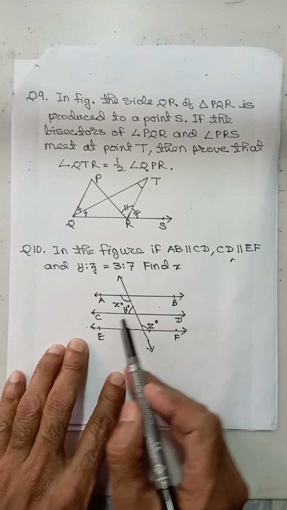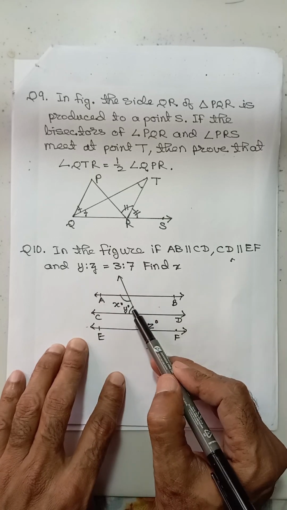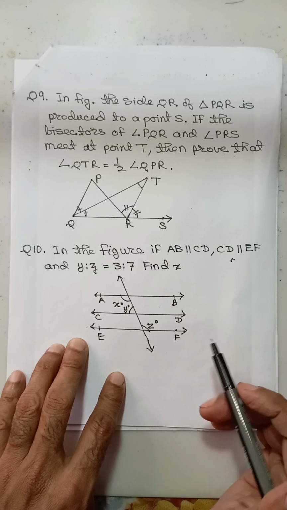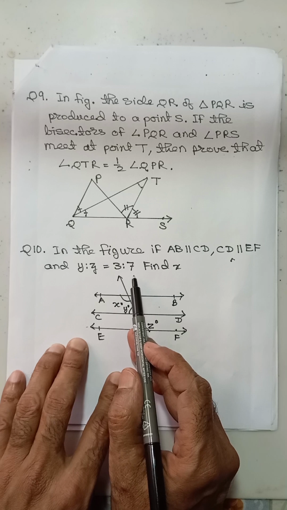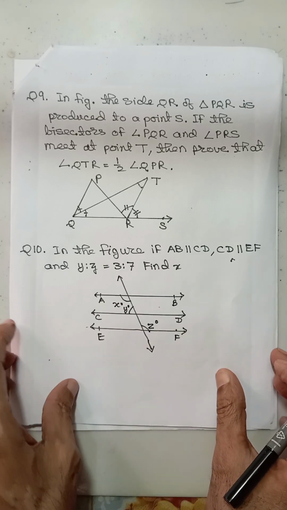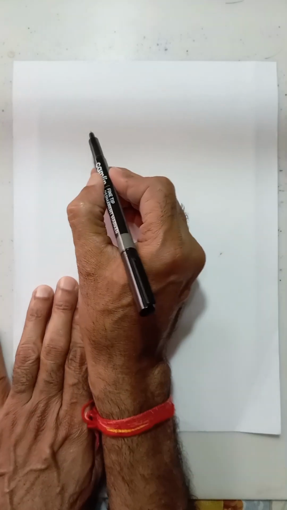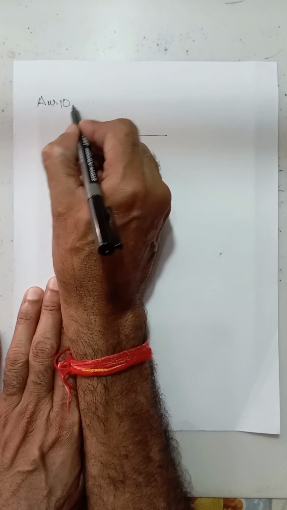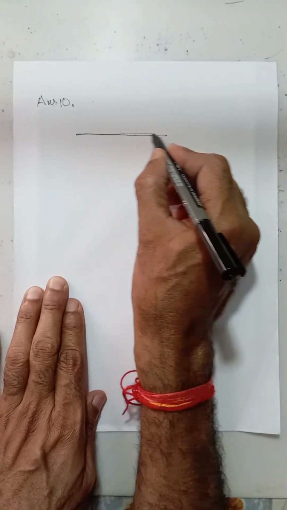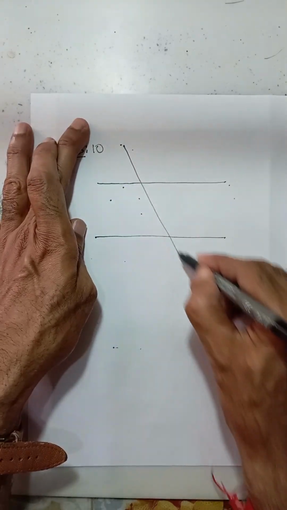In the figure, if AB is parallel to CD and CD is parallel to EF, then the ratio of Y to Z is 3 to 7. Find X. So let us do this question. Now this is the figure, and here there was a transversal.